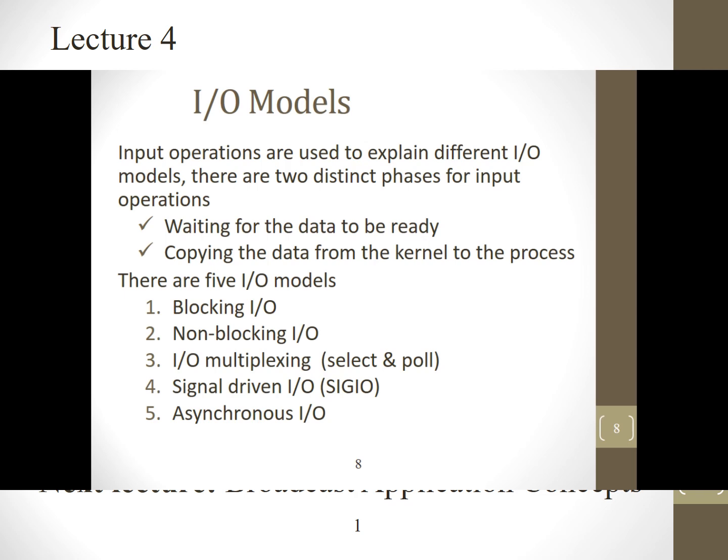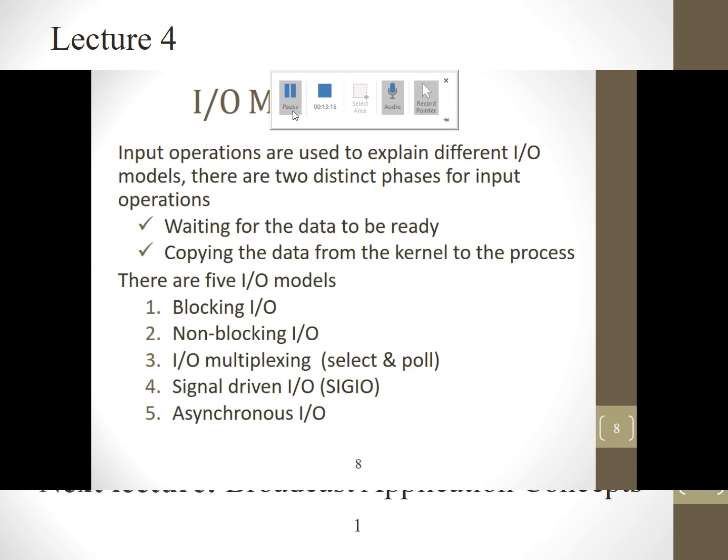It says for these I/O models, there are 2 distinct phases for input operations. What are those distinct phases? One could be waiting for the data to be ready, and the other could be copying the data from the kernel to the application process.